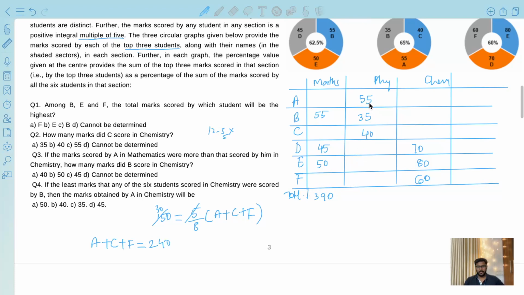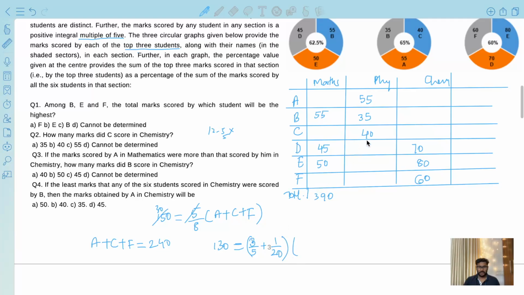What is the sum? 80, 90, 130. 130 is 65 percent of A plus E plus F. 65 means 3 by 5 plus 5 percent, and 5 percent means 1 by 20.